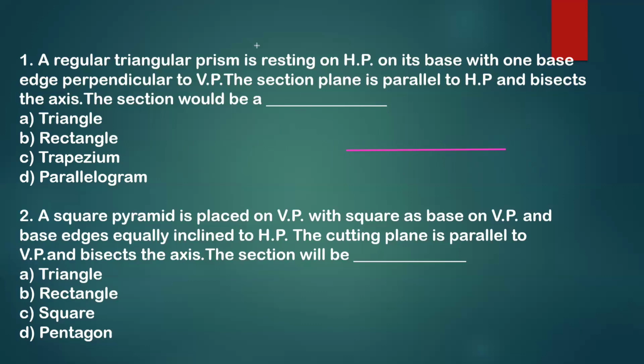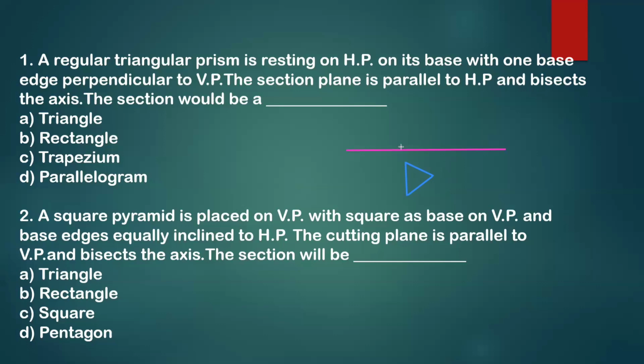So I'll draw here like this base edge, which will be perpendicular to VP. So like this we get the top view, a triangle. Then I'll draw the front view.